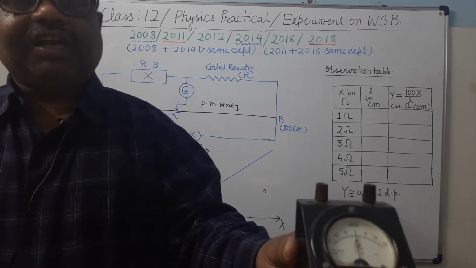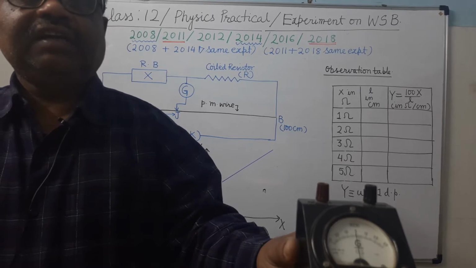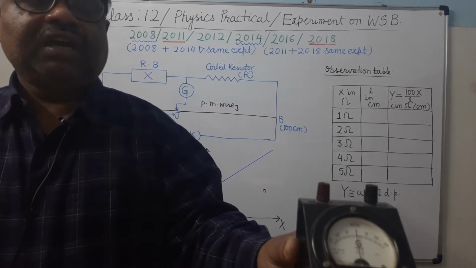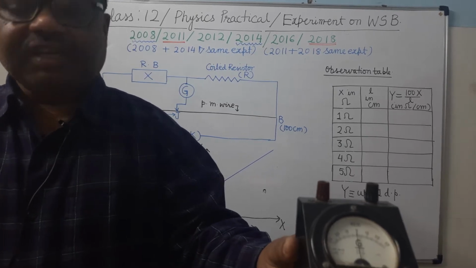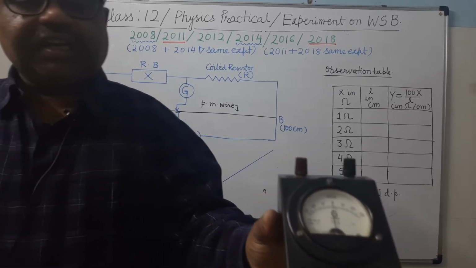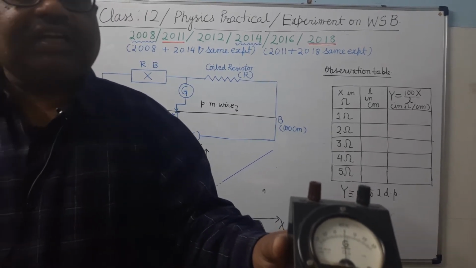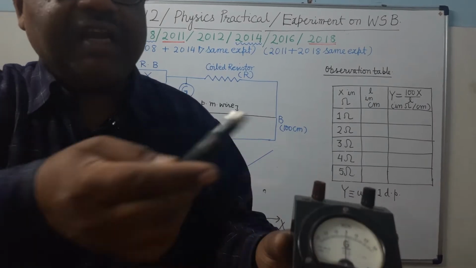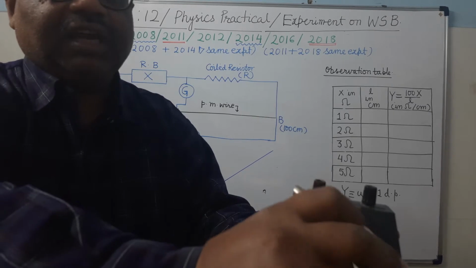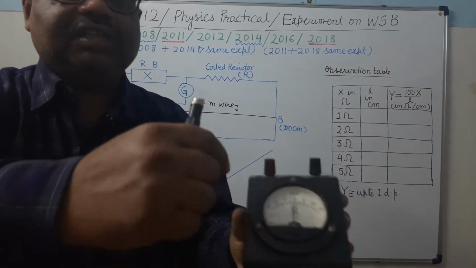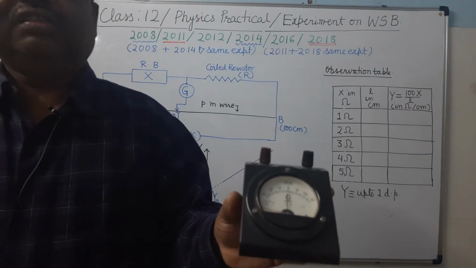In the ammeter and voltmeter, the needle was at the leftmost position at 0 and deflected in the clockwise direction. But in the galvanometer, the needle is at the center in the undeflected position, and it can deflect clockwise as well as anti-clockwise. It is clear?